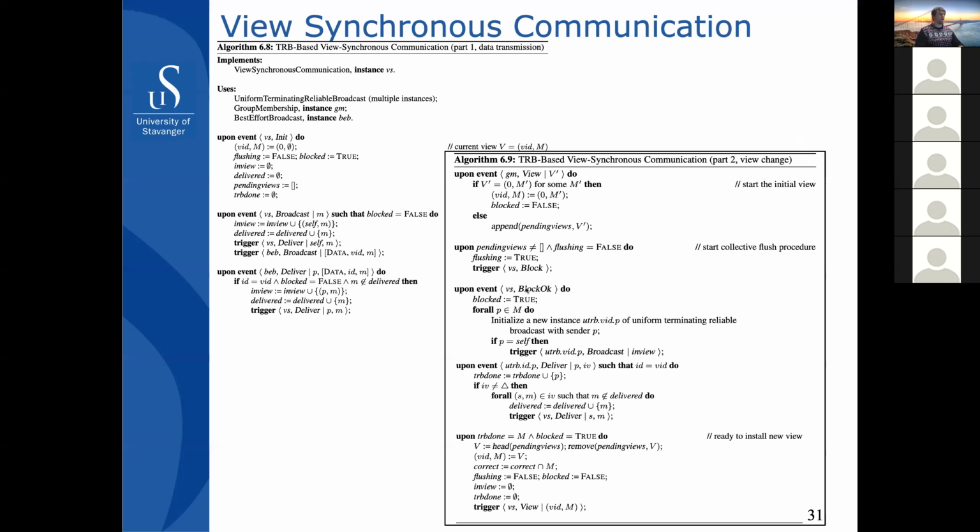So you can see that here, when there's a block OK event, the blocked flag is set to true, and we do not allow new messages to be broadcast.